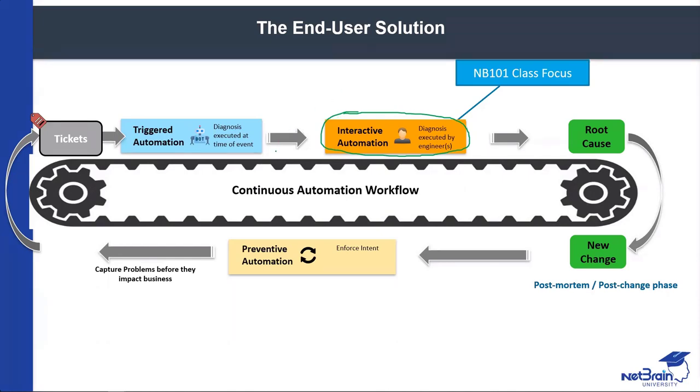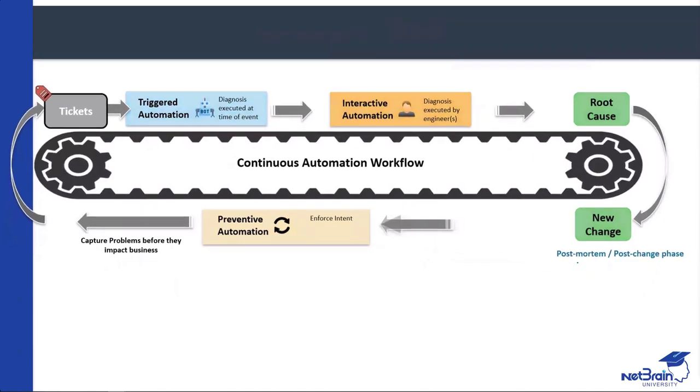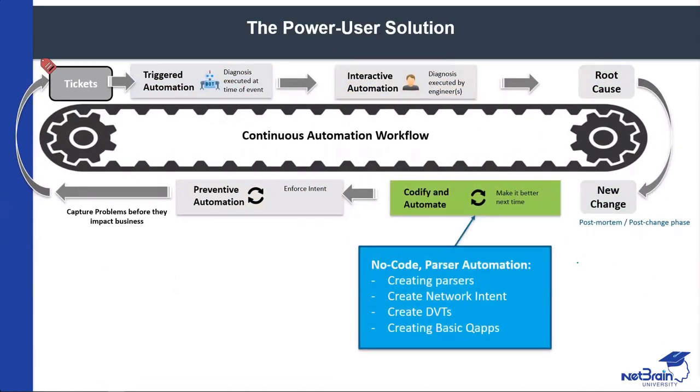Remember, after we have used NetBrain automation to pull and process data and so forth, find the root cause of our problem, and then made any changes needed to remediate that problem, this is when we would want to codify and create automation.